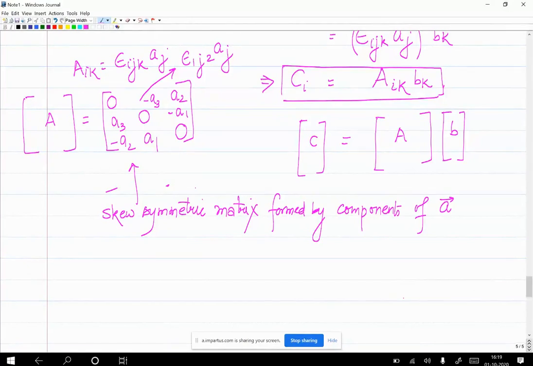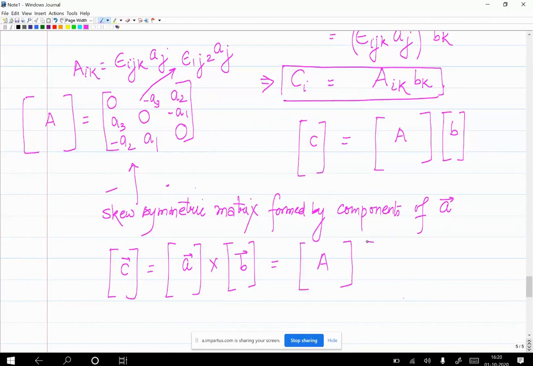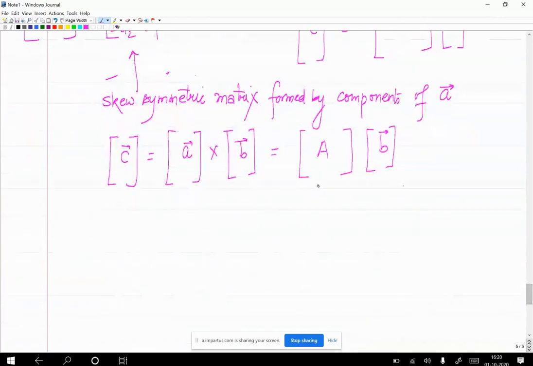All right. So what we have just found out is that the cross product, when I said that C is equal to A cross B, is actually also realizable as a matrix A multiplied by the column of B. And this matrix A is such that Aij, or well, I had Aik, so let us just use that, it will be easier.